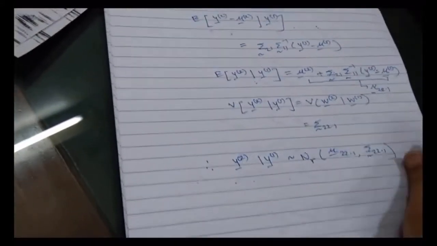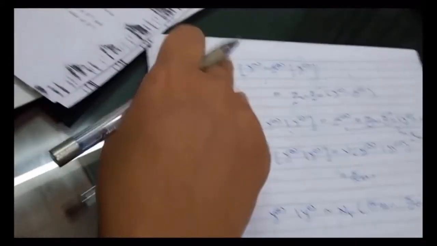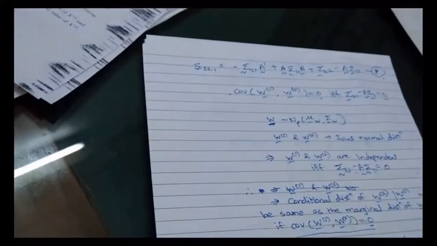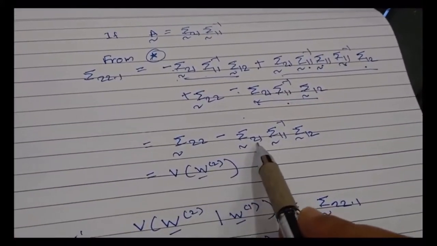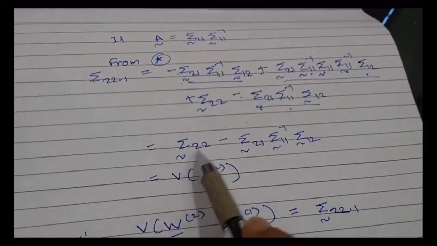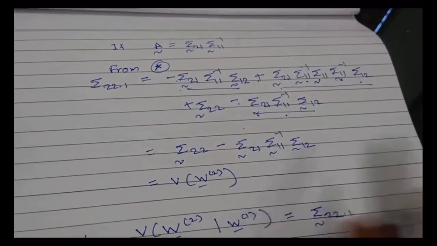Let me show you what sigma 22.1 is: it is sigma 22 minus sigma 21 sigma 11 inverse sigma 12, so the 1 is kind of in between. Okay, so this is the conditional distribution.